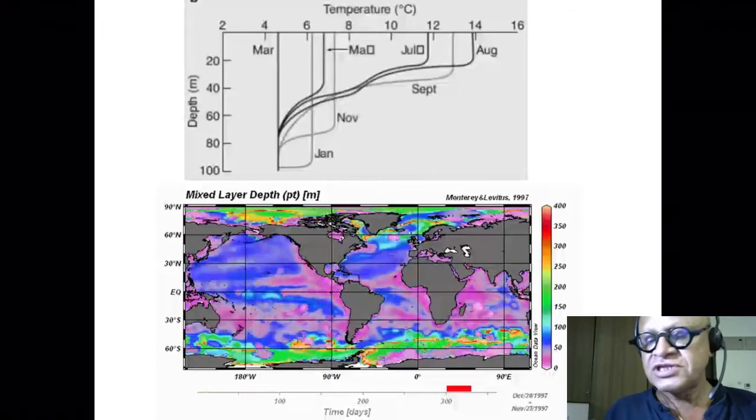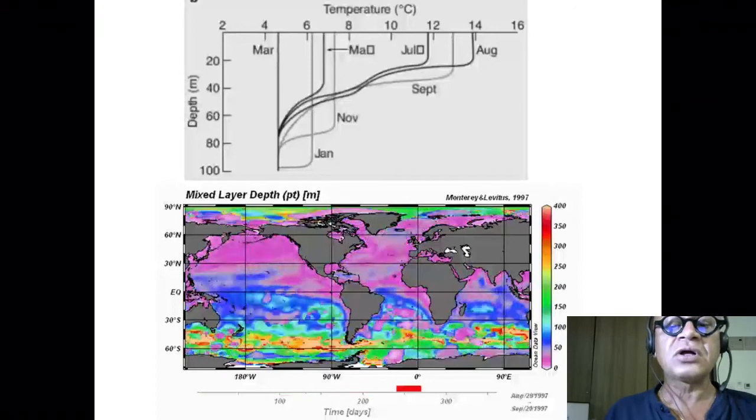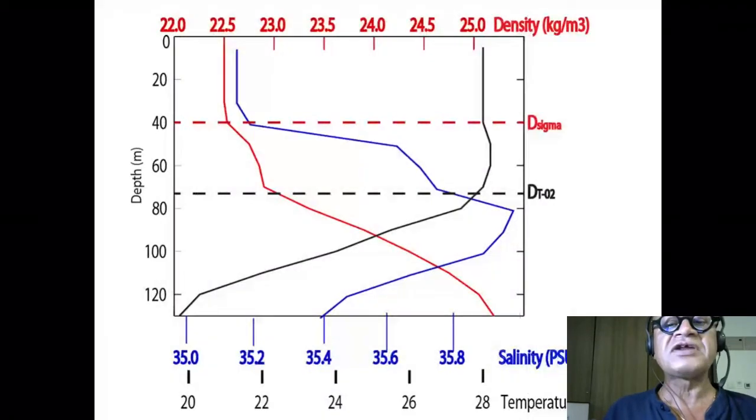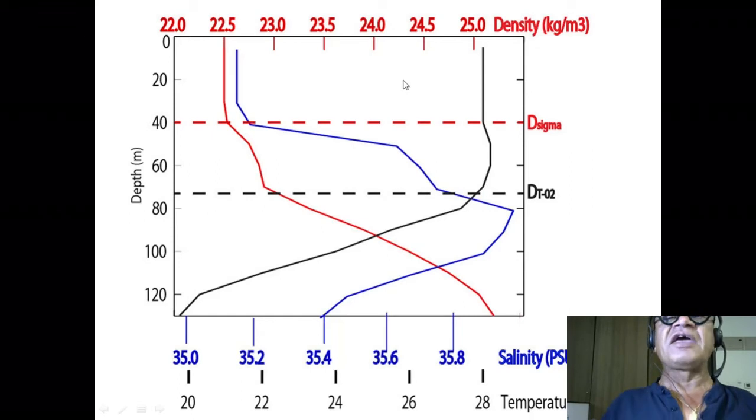The other thing we'll see is that we have used this descriptor mixed layer very freely, and we have said that it creates vertically homogeneous profiles of temperature and salinity, but we didn't rigorously define mixed layer. It turns out that you can define it in terms of a criterion based on temperature or a criterion based on density, typically not done with salinity.